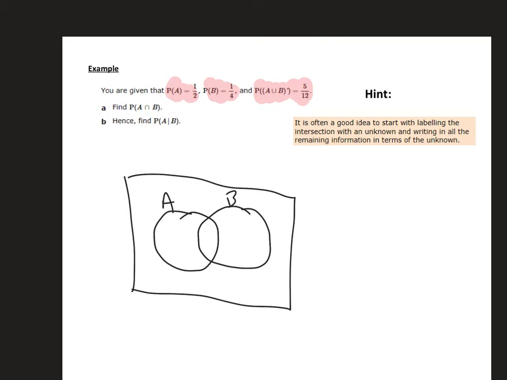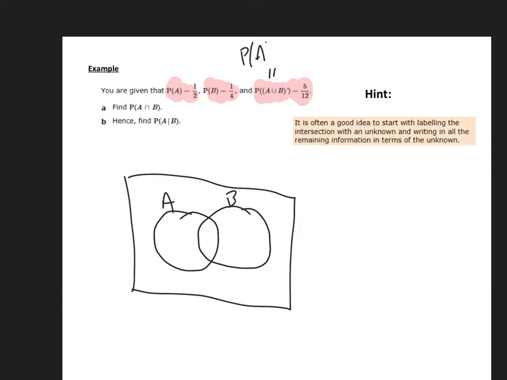Okay, so A and B. So probability of A is a half, so this whole circle for A is a half. The whole circle for B is a quarter. And this third one here, not A or B, is 5/12.